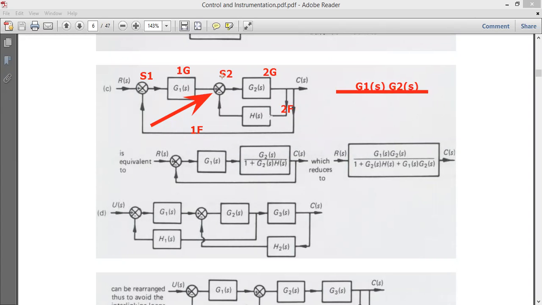The denominator is 1 plus, it remains as it is, that is G2 of S multiplied by H of S. This is the transfer function after multiplying the 2 blocks. So the 2 blocks are multiplied.